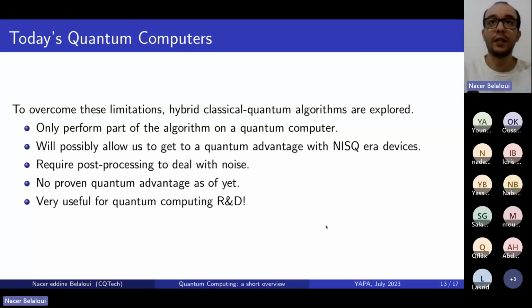There is some possibility, and at this point some people will agree, or some people will disagree, that we may have a quantum advantage with today's quantum computers, or with NISQ era devices. We did not see this quantum advantage yet, but there is a possibility, and the best candidate are these hybrid classical quantum algorithms.